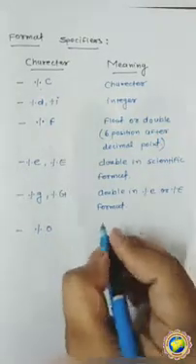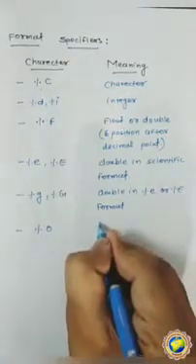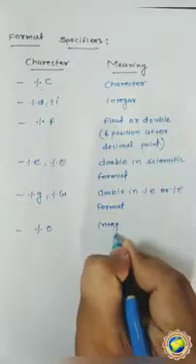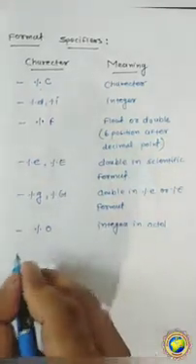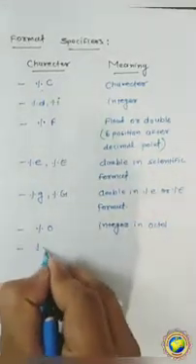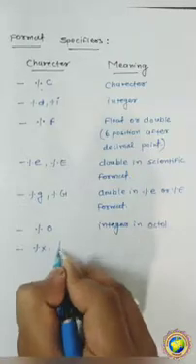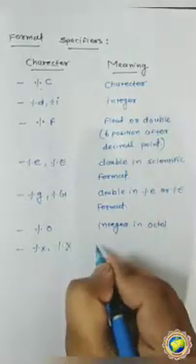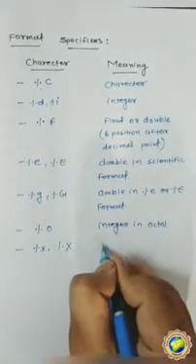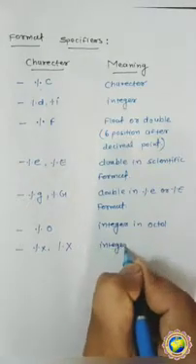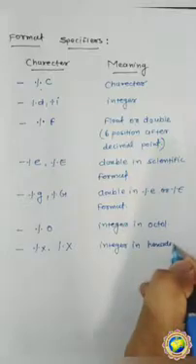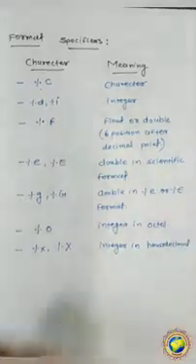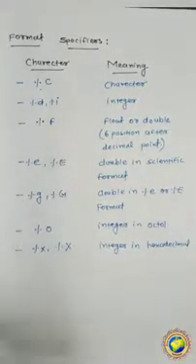Okay, then %o, which is used for an integer in octal number. Okay, then %x or %X, it is an integer in hexadecimal.